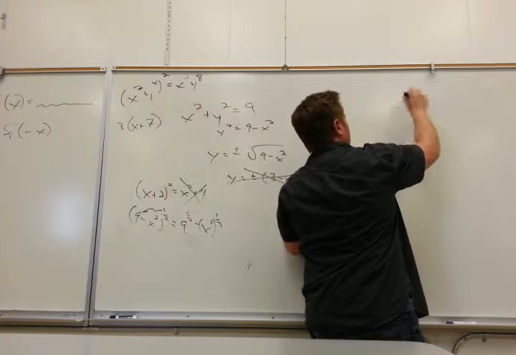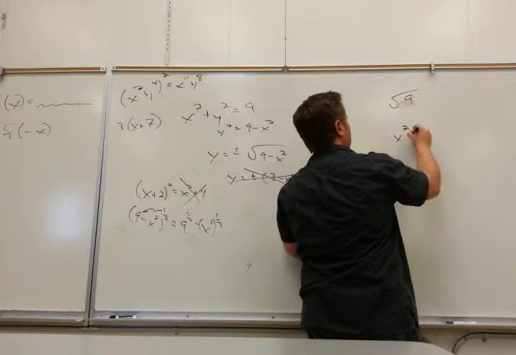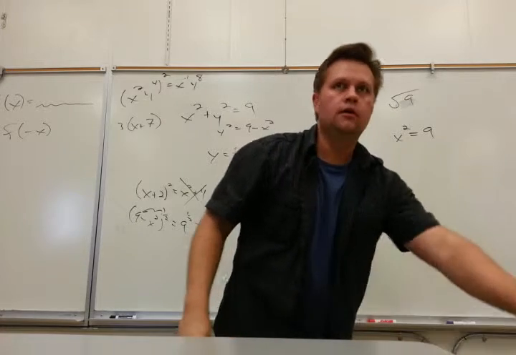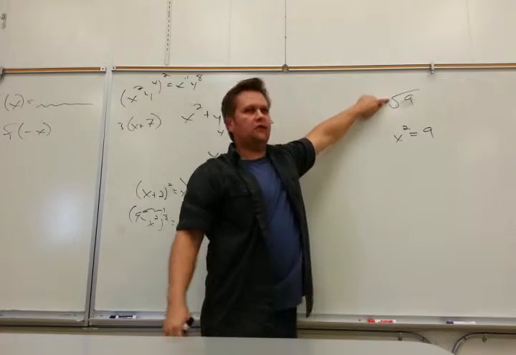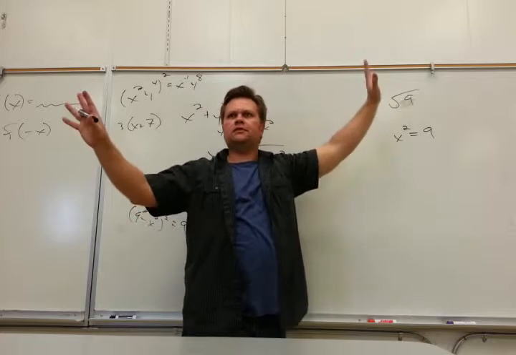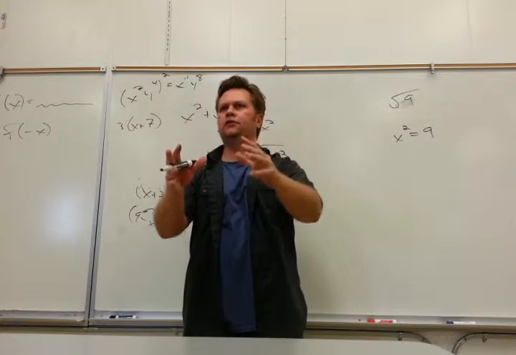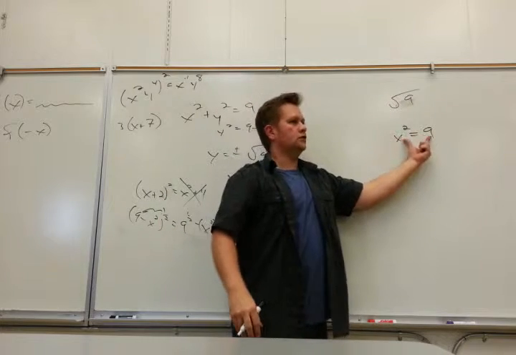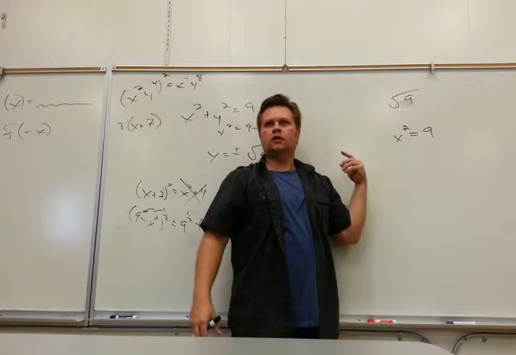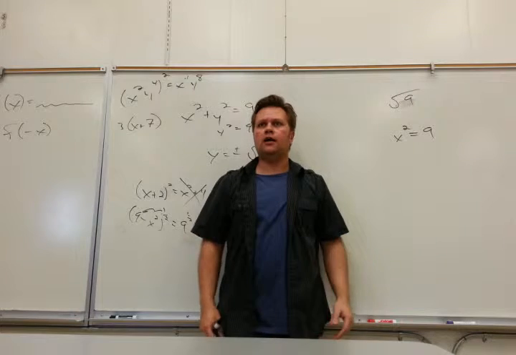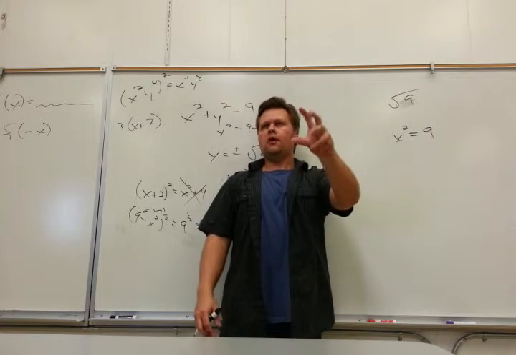So the difference between this and this is that this is a specific number. It's a positive number. I just want to know what that positive root of 9 is. This is asking what squared is 9, and there's more than one thing that you square to get 9. That plus or minus is another way to look at it.